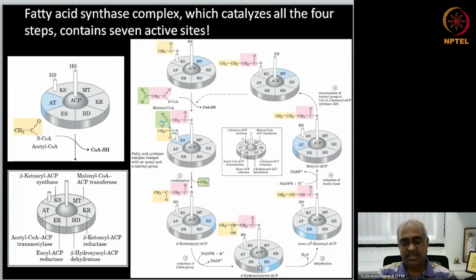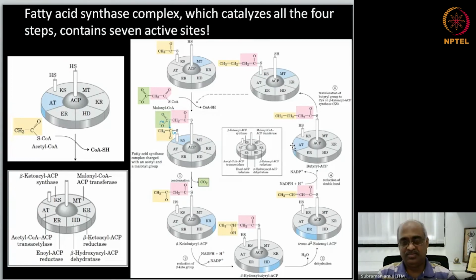Then you have a dehydratase enzyme. So that is going to remove a water molecule here, generating a double bond. And that is going to be reduced by this ketoacyl reductase. And that gives you the chain extended.